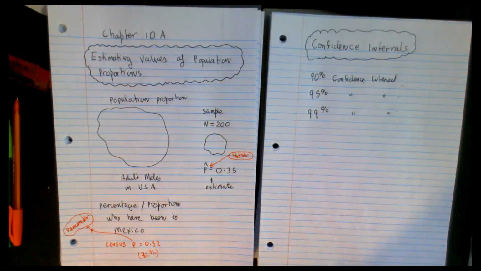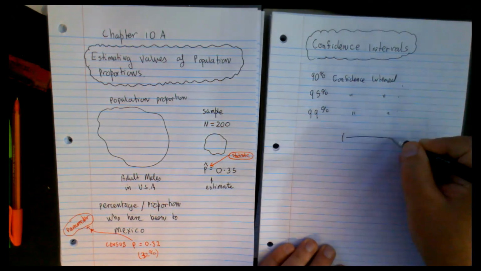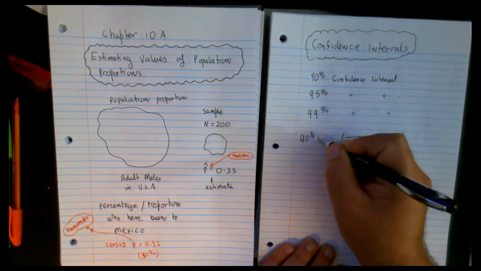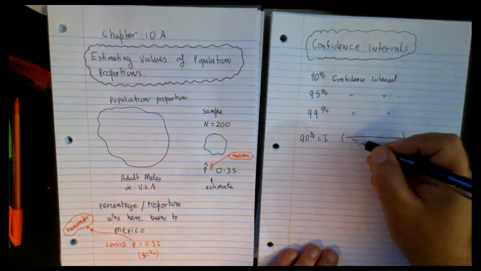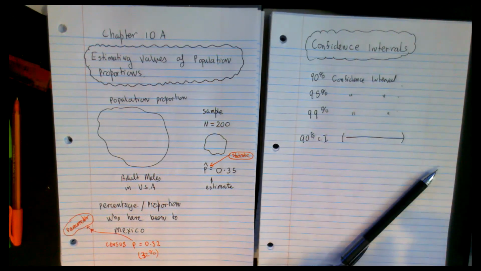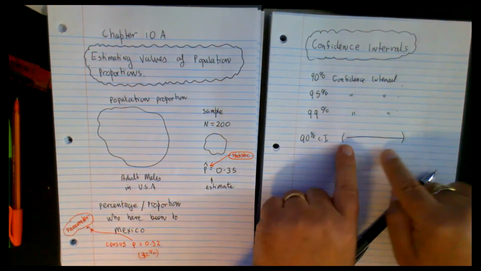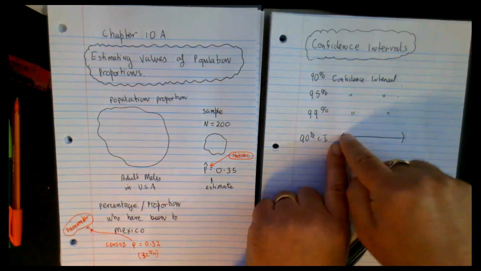So I'll be doing that question in a minute, but I'm going to do it kind of vaguely right now. Can you imagine that we had an interval from here to here, and this is my 90% confidence interval? What this is going to say is that we believe the right answer, this number here, we're 90% sure that somewhere in that interval, this number is.